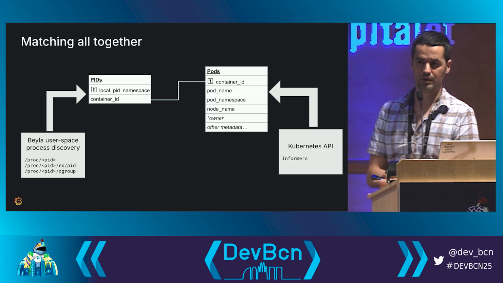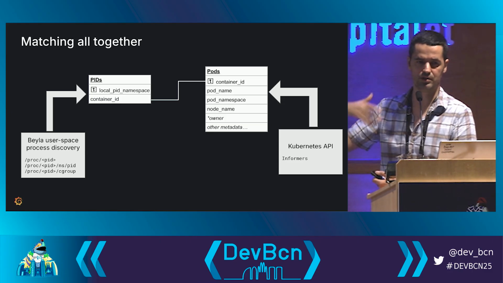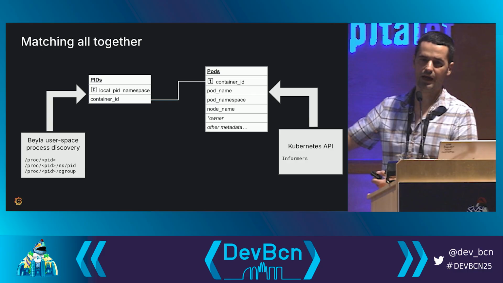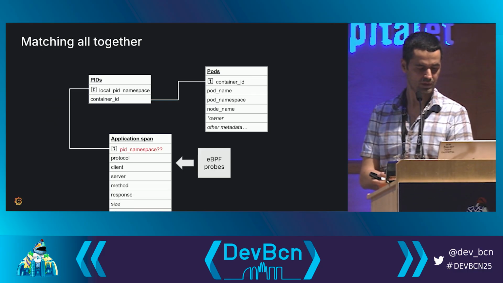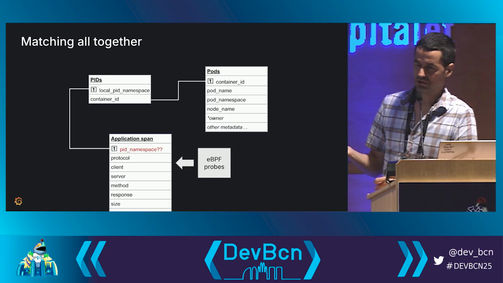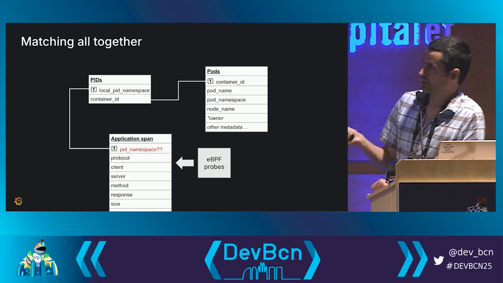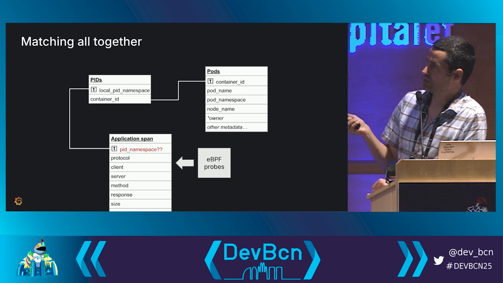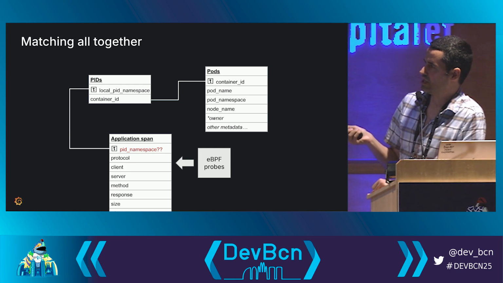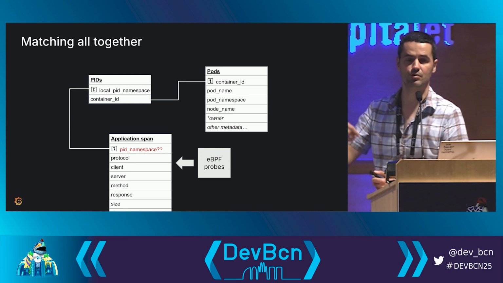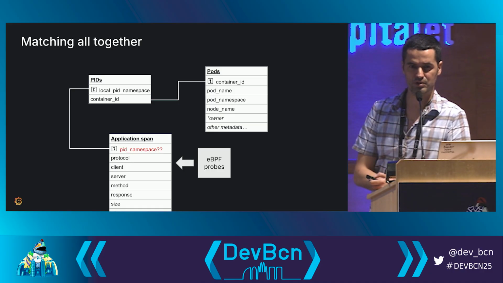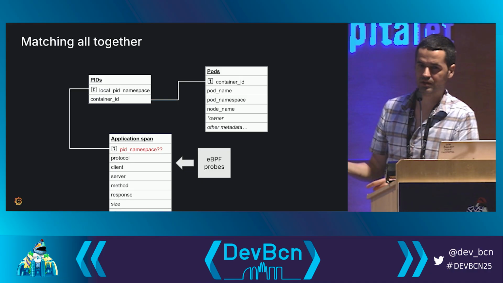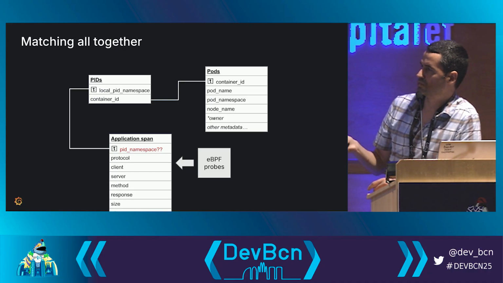A feature of the Kubernetes API is named Informers, which is just a subscription-based API to get any new update on your system. But also, when the eBPF probes, your instrumented application, get a service call, for example, an application span is triggered.